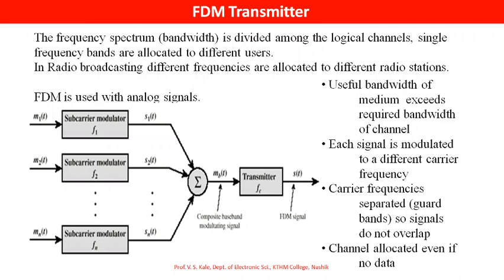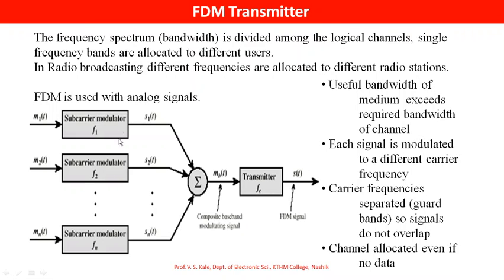Like this, the last signal Mn(t) is modulated with carrier frequency Fn. The first modulated signal output is denoted by S1(t), second is S2(t), like this the last one is Sn(t). These have the same bandwidth, separate bandwidth.